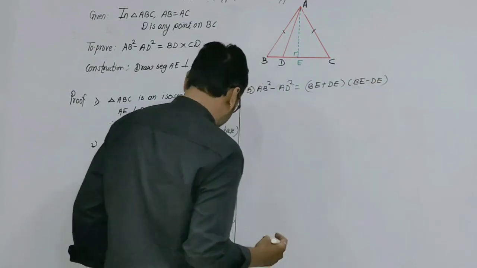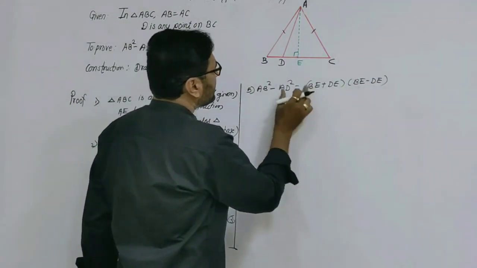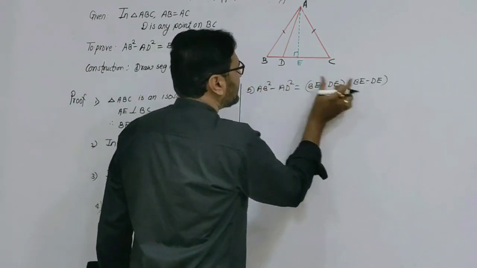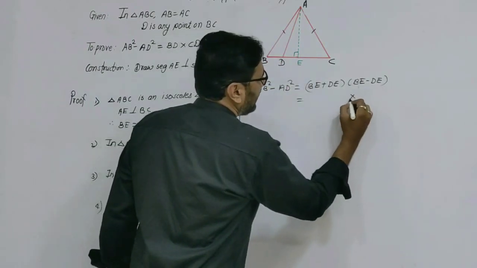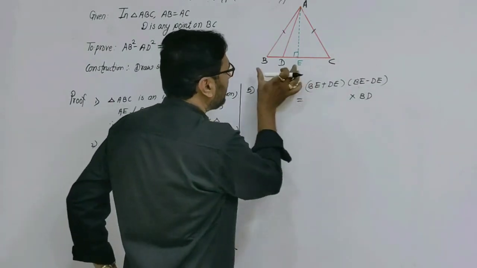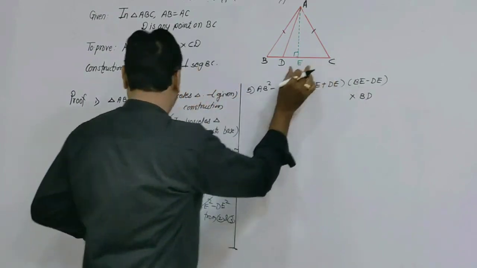Factors of a square minus b square are a plus b and a minus b. Now BE plus DE we can't do, but BE minus DE we know. BE minus DE will give BD, and instead of BE I can put EC.